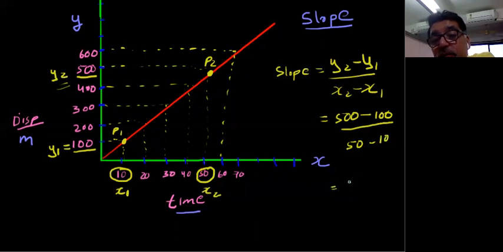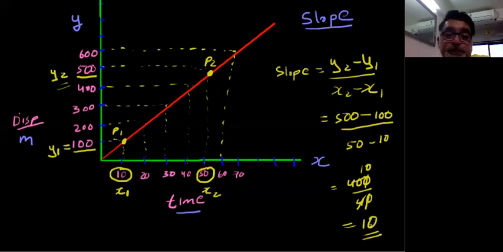So slope equals 400 divided by 40. 4 ones are 4 and 4 tens are 40. So the slope of this line equals 10.